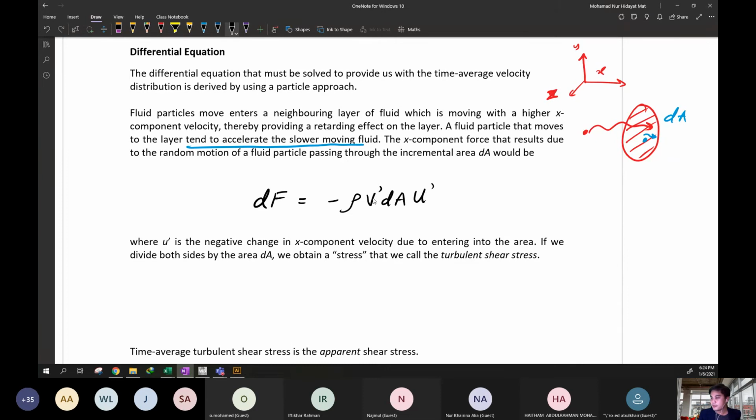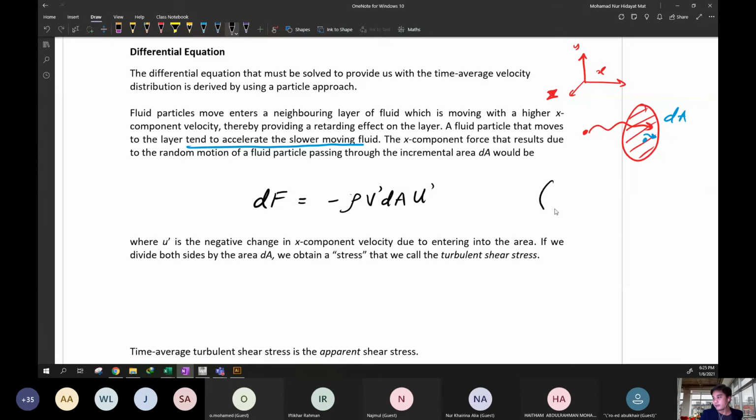Okay, v, remember this is the velocity in the y direction, and u is the velocity in the x direction. You can see this symbol represents the fluctuating, the random motion. Here u is the negative change in the x component due to entering the area.